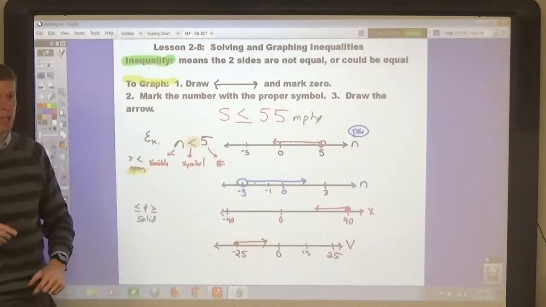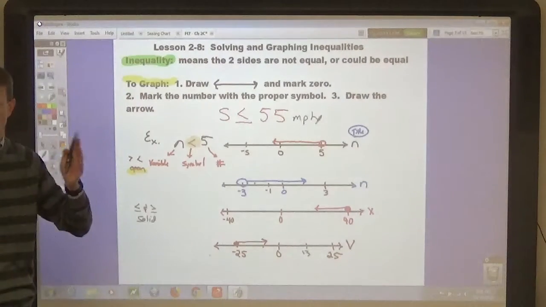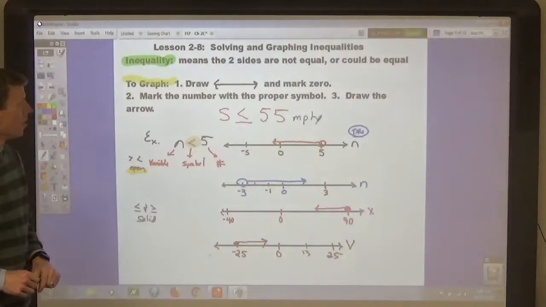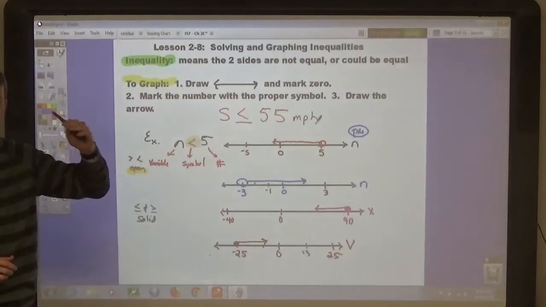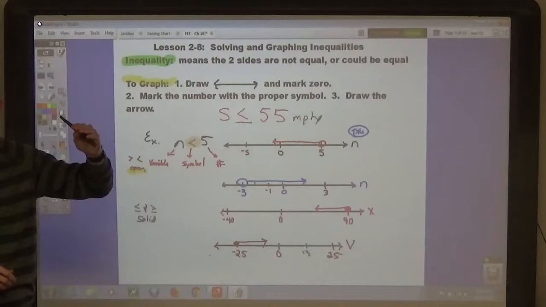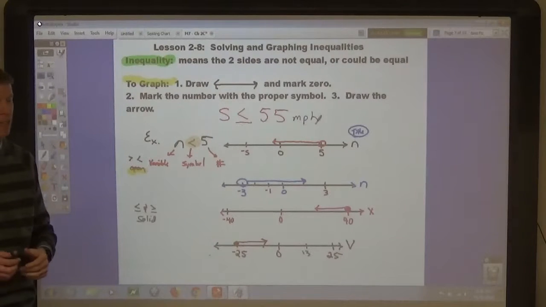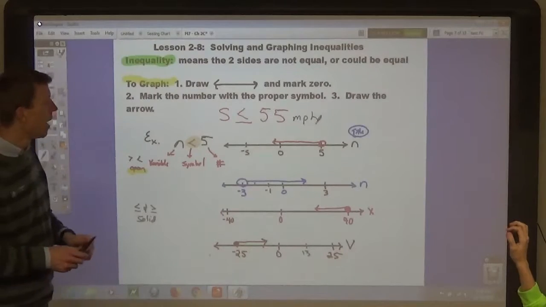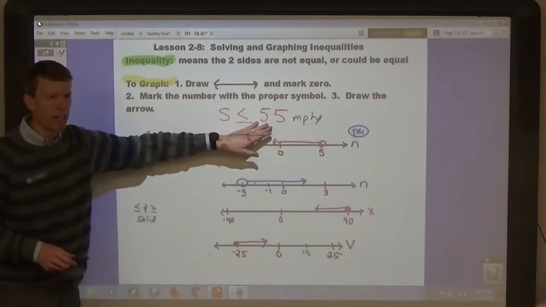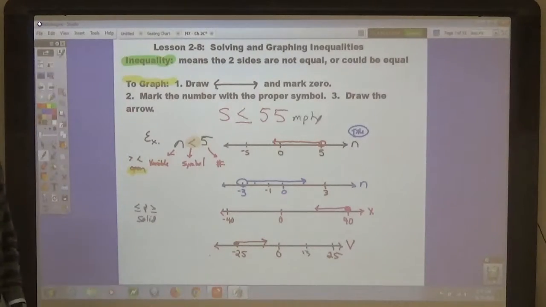Sometimes on the interstate, when you're driving on one of those 4-lane roads that go between the states, it'll say a minimum speed as well. A minimum speed of 40 miles per hour, or a maximum speed or a speed limit of 70 miles per hour. How would you write then the minimum speed of 40 miles per hour as an inequality?